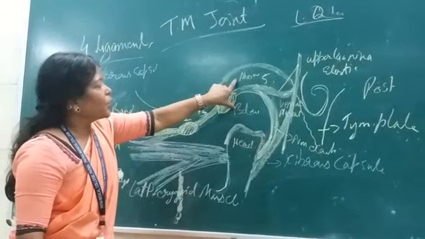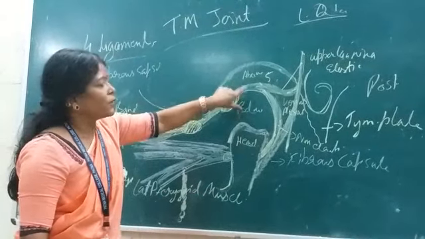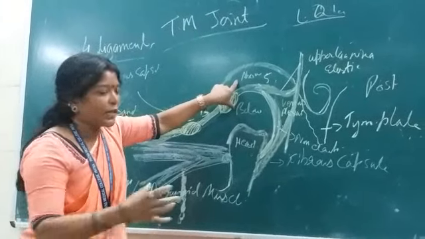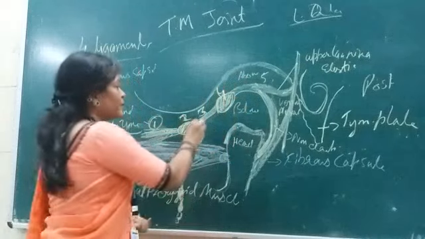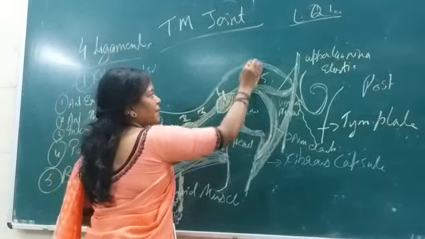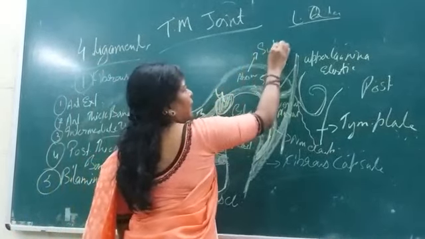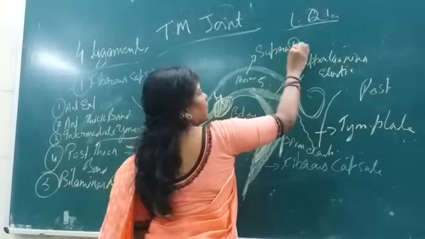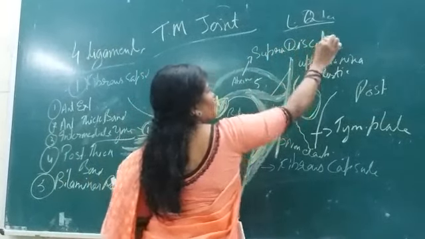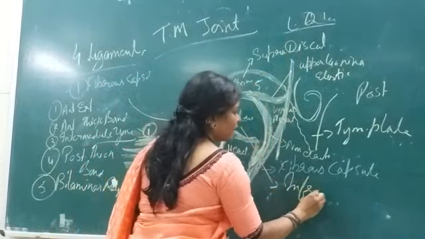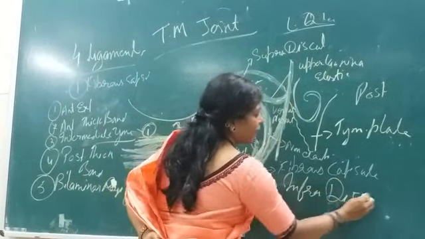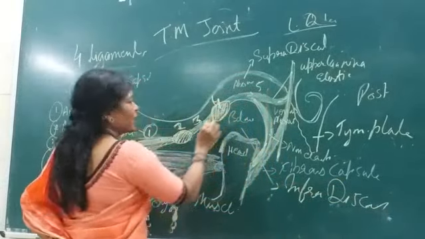Due to the presence of this disc, the joint cavity itself is divided into the supradiscal compartment and the infradiscal compartment. That means divided in which sense? Due to the presence of the intra-articular disc.